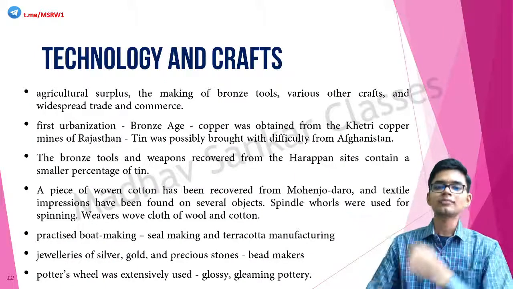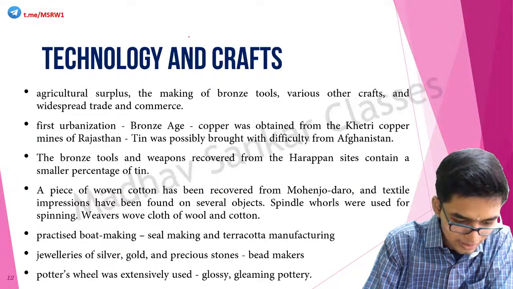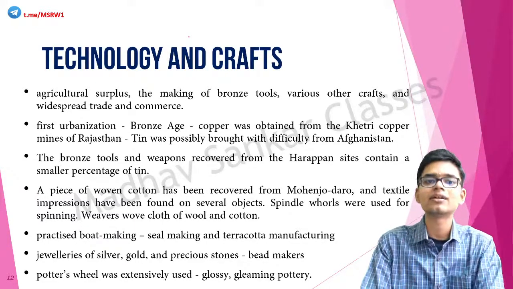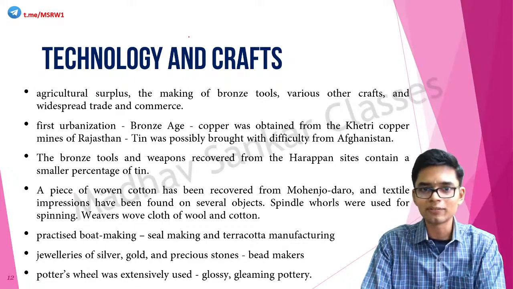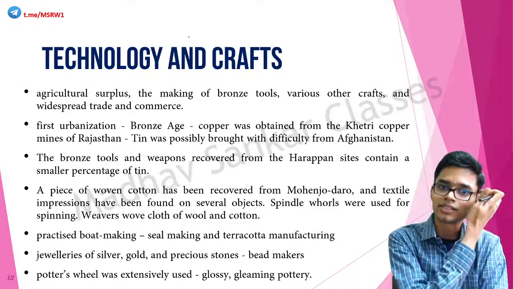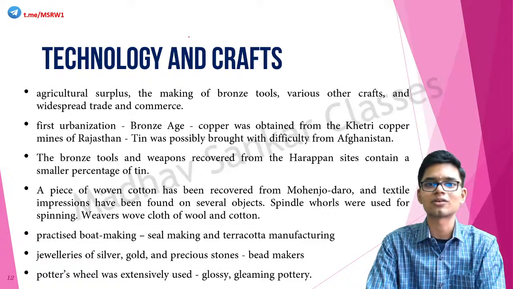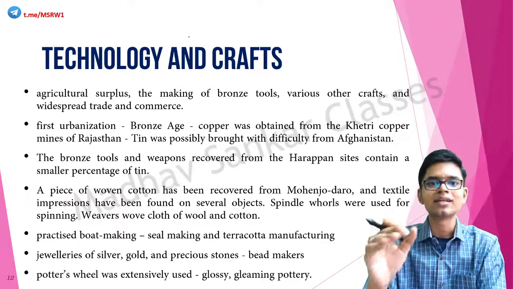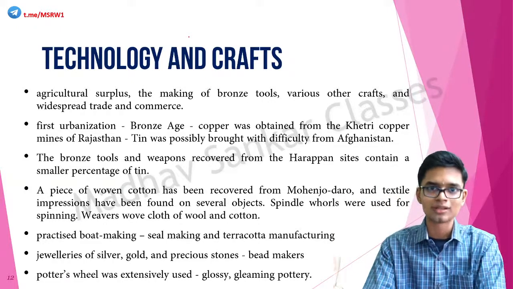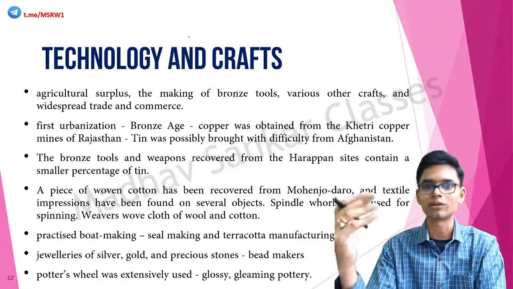Okay. Now, technology and crafts. Before that, any questions? Do we find a guild-like structure in the society? Yes, not exactly a guild, but we believe that merchants played a very popular role in Indus Valley civilization. We are not sure about a Sreni kind of structure, but still, yes, there are sections in the society which practice a common job. There are sections who are into smithery, and sections of society who are into agriculture.